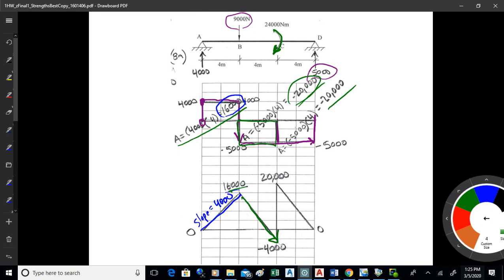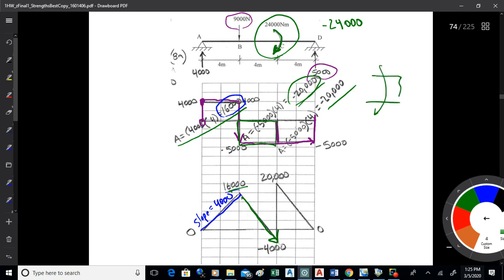Then I hit this couple, and that's 24,000. Now that's actually negative 24,000, but what that's going to do to the beam right after that couple, after the beam sees that couple, the beam's going to react the other direction. The beam's going to have a positive reaction to it. So that makes the moment diagram jump up by 24,000 immediately. Okay, so that's because the beam is reacting to that couple that's applied.